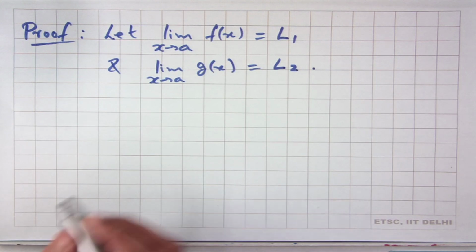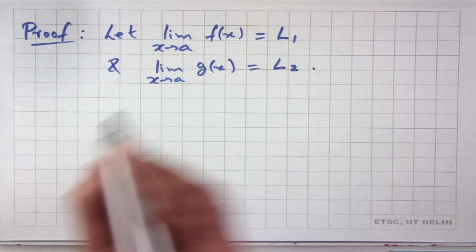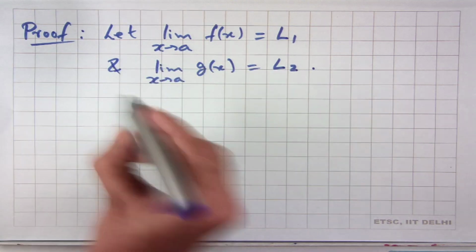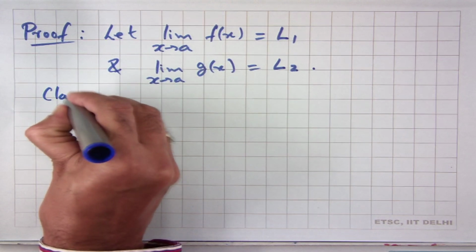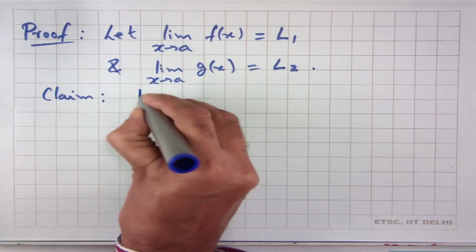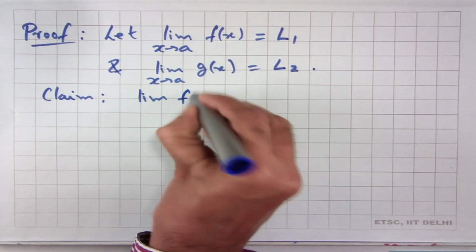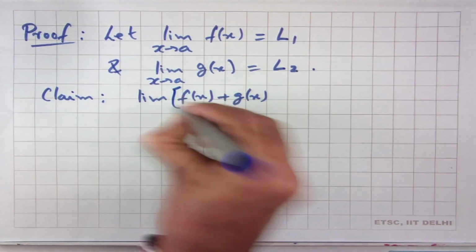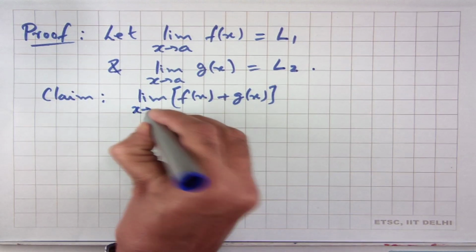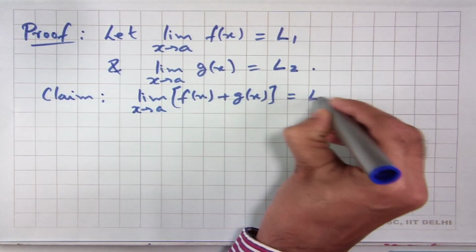The claim is that the limit of f x plus g x as x tends to a is equal to L 1 plus L 2.